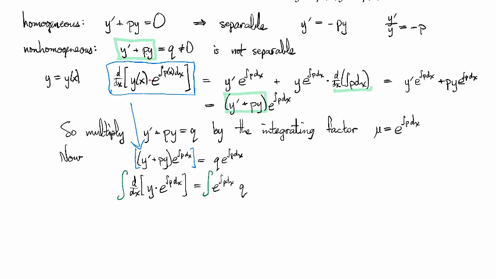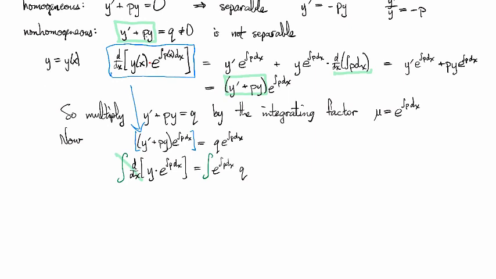And on the left side, what's going to happen is it's just going to cancel the integral and the derivative. And so I'll have y e to the integral p. And then on the right side, I'll have some big ugly integral, the integral of e to the integral p times q.